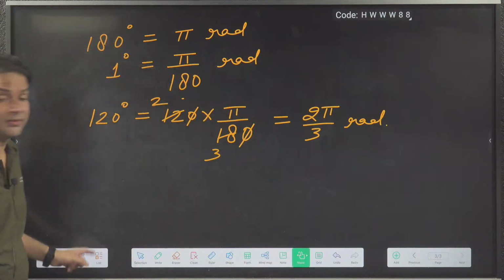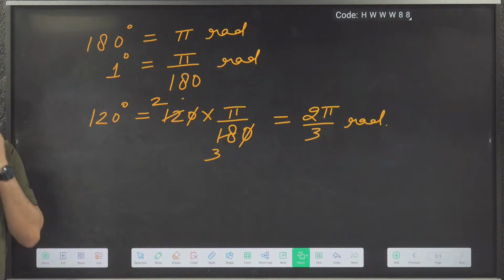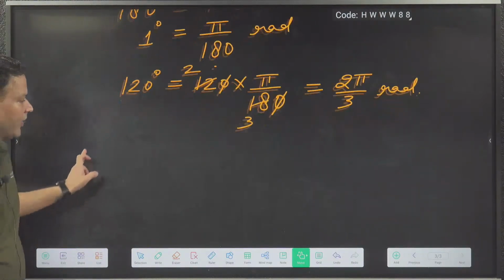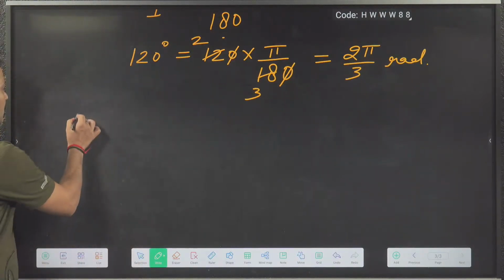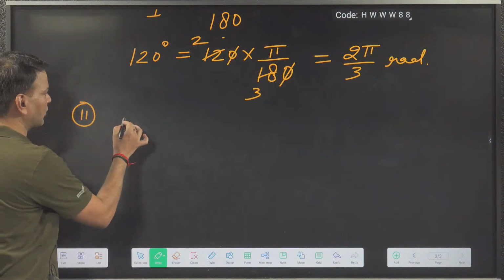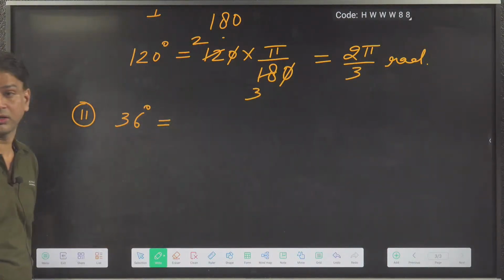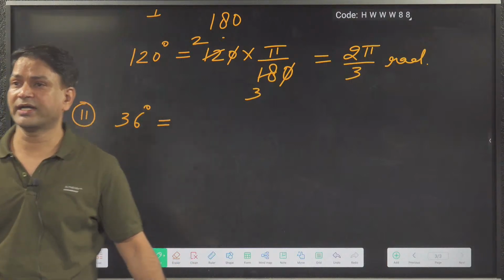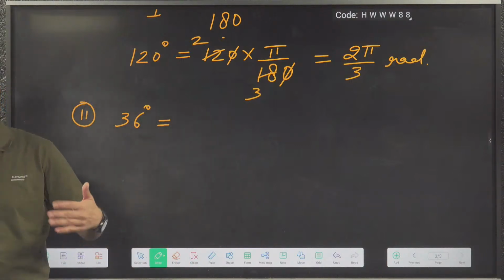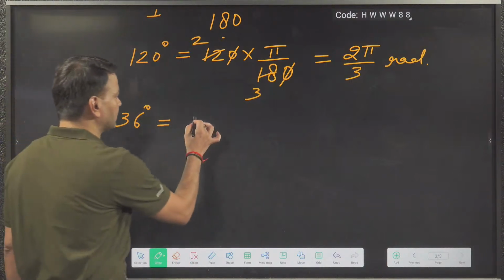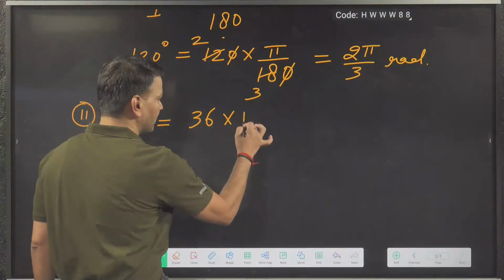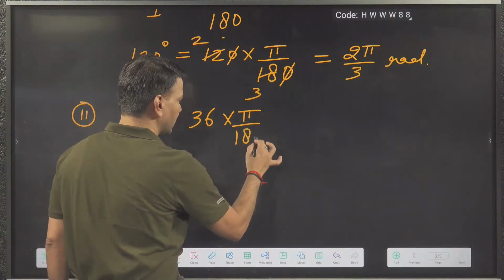Now what is the second one? Tell fast, what is the answer? Now I gave 36 degree. For 1 degree I got pi by 180. So for 36 what I will do? 36 into pi by 180.